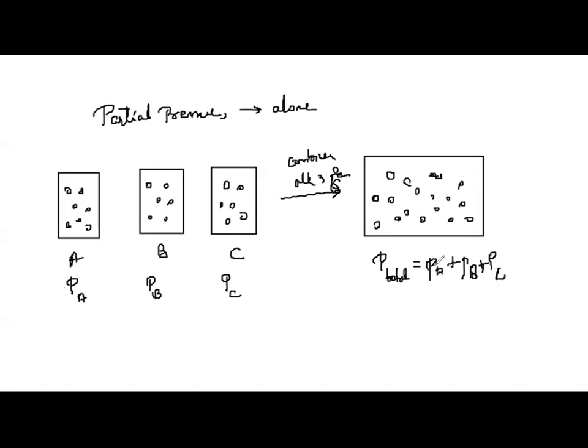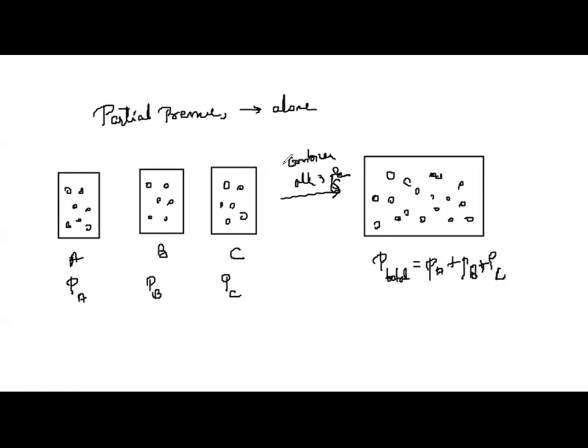This is nothing but Dalton's law of partial pressures. Is that clear? Dalton's law of partial pressures is a gas law which states that the total pressure exerted by a mixture is equal to the sum of the partial pressures exerted by the individual gases in the mixture.